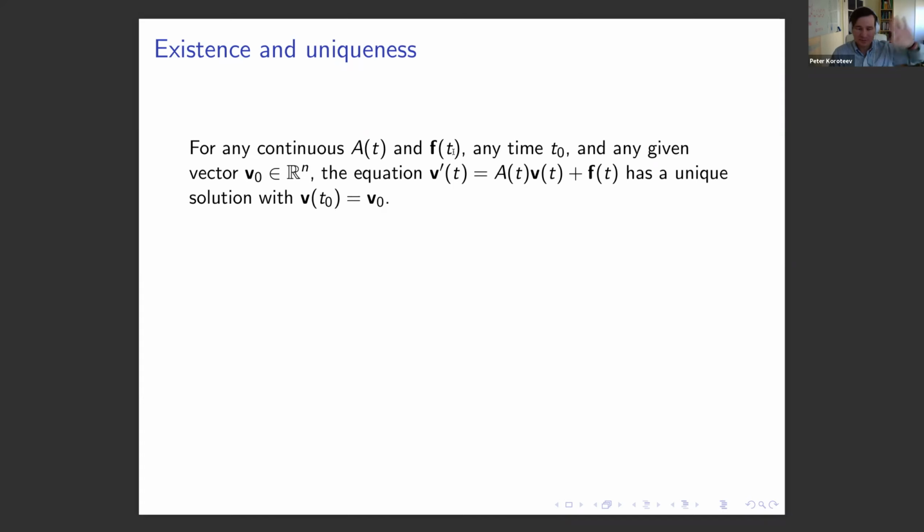If all of those n times (n plus 1) functions are continuous, then at any time t0 and any given vector v0 in Rn, this equation has a unique solution with the initial value condition that v of t0 is equal to the given constant vector v0.